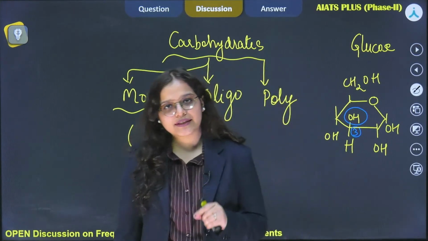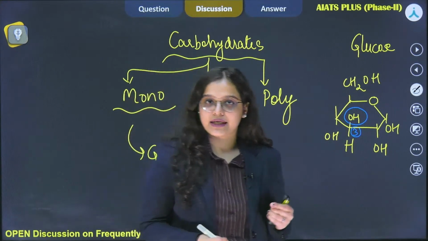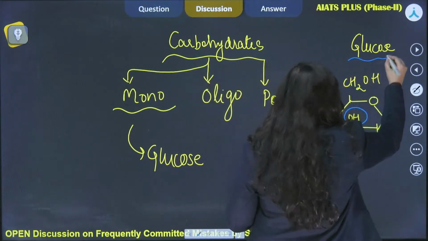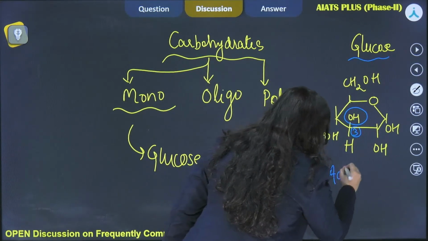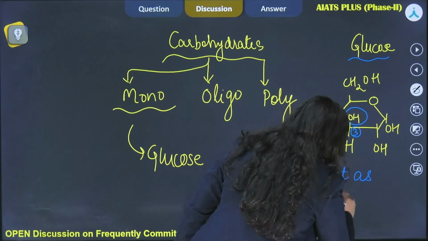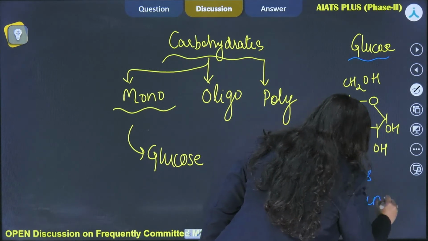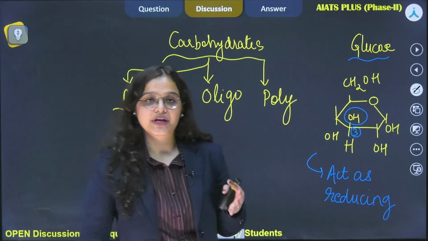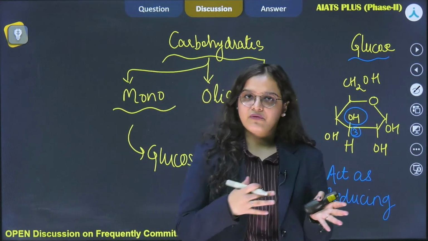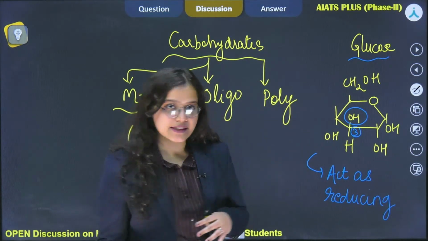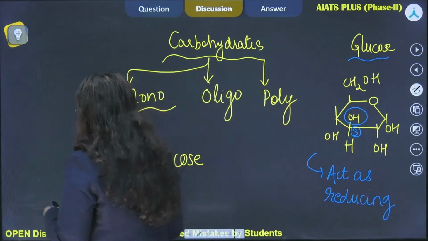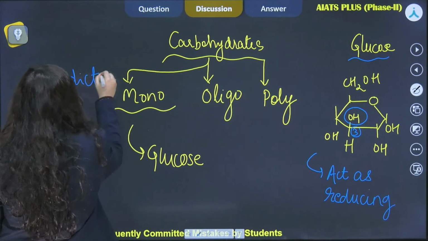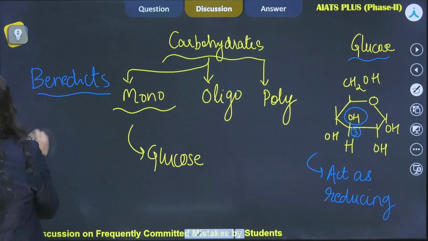So basically the presence of a free carbonyl group like aldehyde and ketone contributes to the fact that this particular molecule can act as a reducing agent, and it will reduce another component which is present in a solution. For instance, when we are carrying out different chemical tests, for example the Benedict's test, Fehling's test, Tollens reagent test.